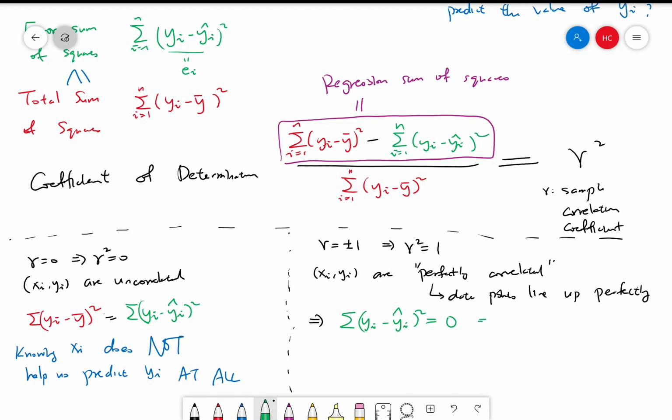Which means this makes sense because if the data points line up on a straight line perfectly, then yi hat naturally equal to yi. So in this case, knowing xi helps us to perfectly predict, because r is equal to plus minus 1, perfectly predict yi.